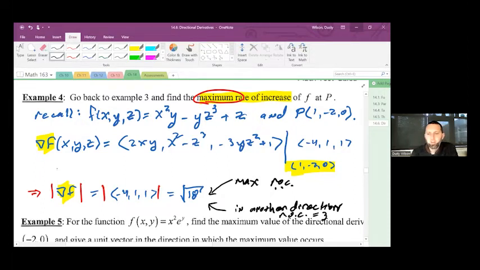And sure enough, the 3 is less than that maximum rate of change, right? So here, what I'm trying to say is that it's less than this right here.